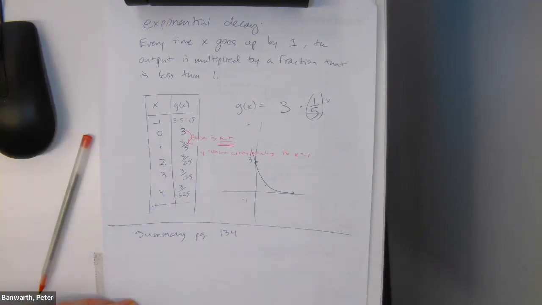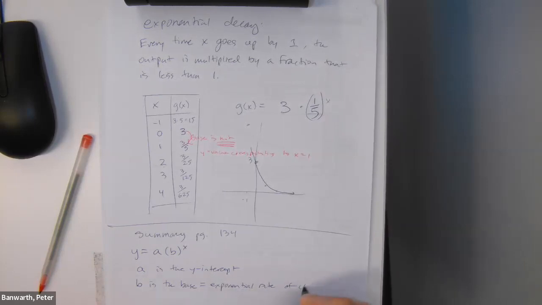I'm going to use the same notation, even though it's not what I normally use. y equals b to the x, or y equals a times b to the x. A is the y-intercept. B is the base, which is the exponential rate of change. The y-intercept, we can also call that the coefficient.